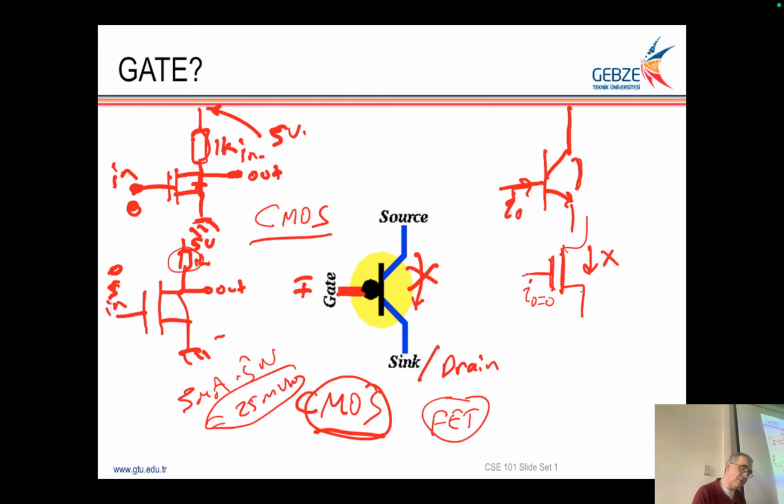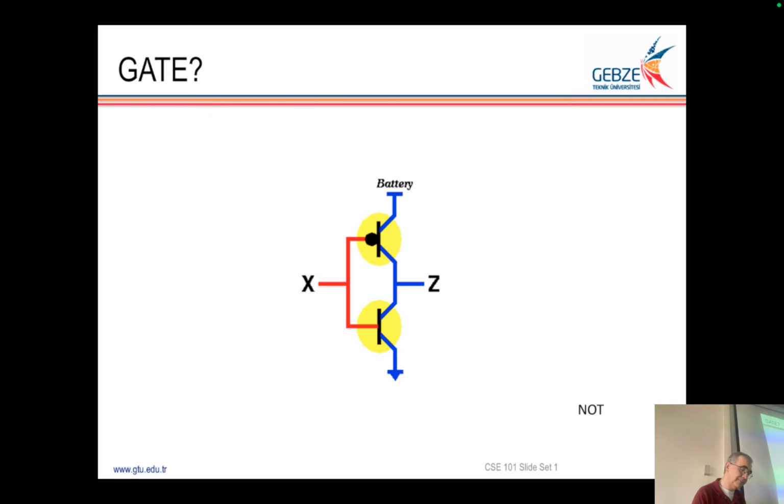In the CMOS circuit, the working is like this. When I provide 5 volts, okay, since this is P type, this is N type. This is PMOS.